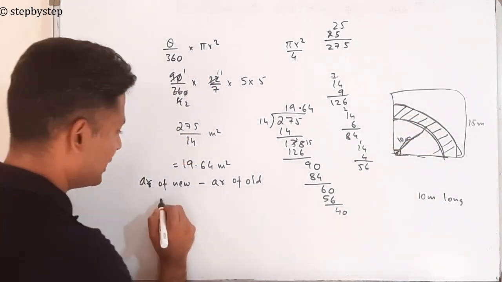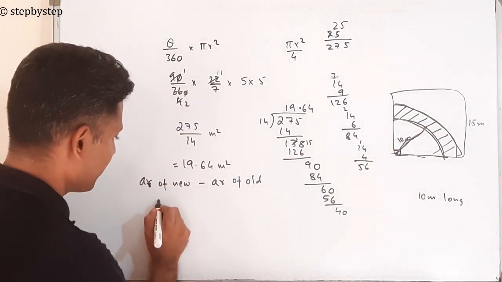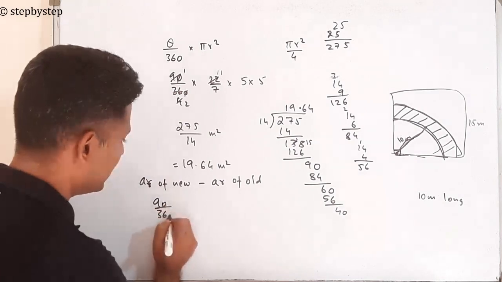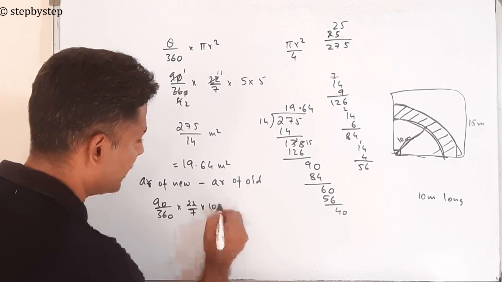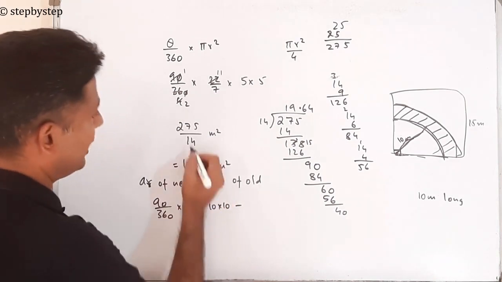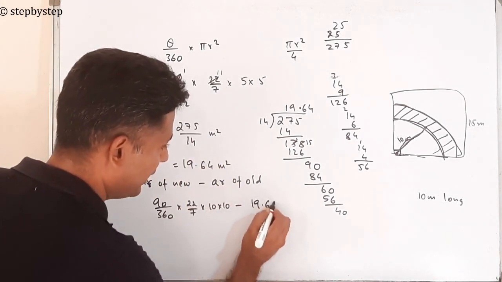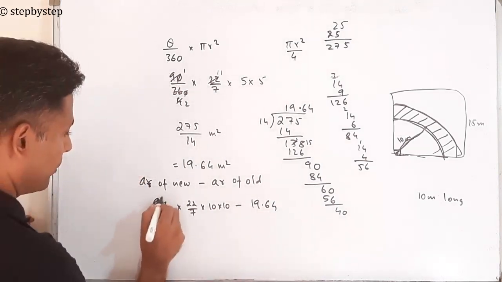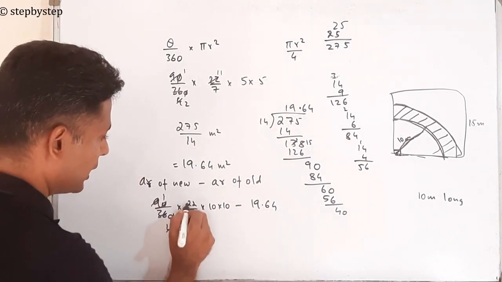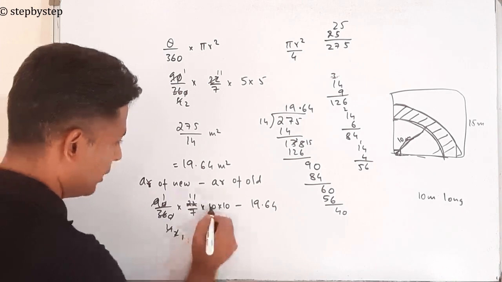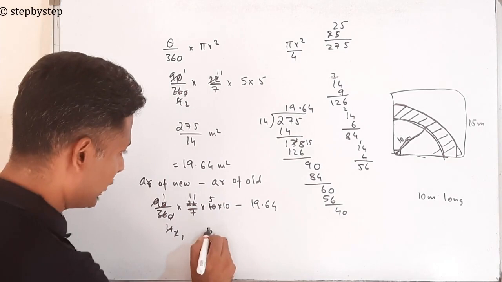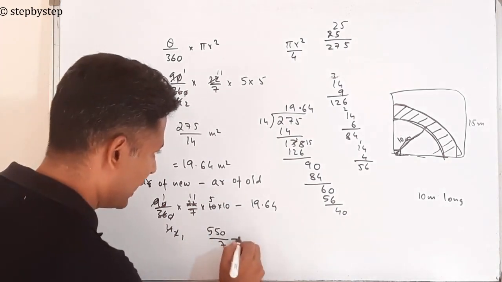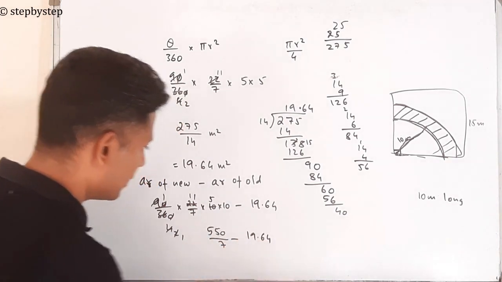So the area of the new is again theta by 360, that is 90 by 360 into pi r square, that is 22 by 7 into r square, here it is 10 into 10, minus the area of the old, we have found 19.64. Again 1 by 4, 2 2s are 11s are, 2 1s are 5s are. So 50 into 11, 550. So we get 550 by 7 minus 19.64.